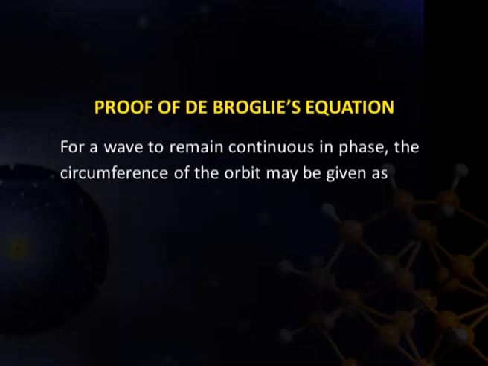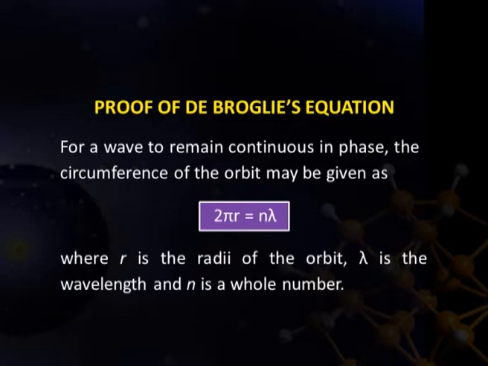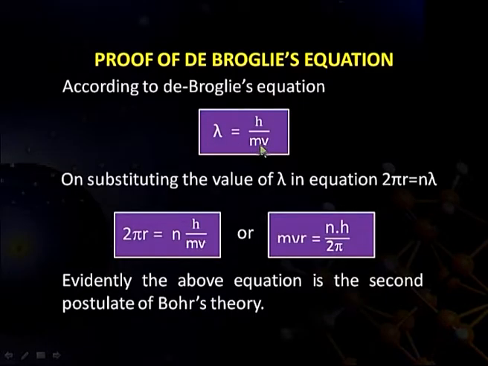For a wave to remain continuous in phase, the circumference of the orbit may be given as 2 pi r = n lambda, where r is the radius of the orbit, lambda is the wavelength, and n is a whole number. According to de Broglie's equation, lambda = h upon mv.